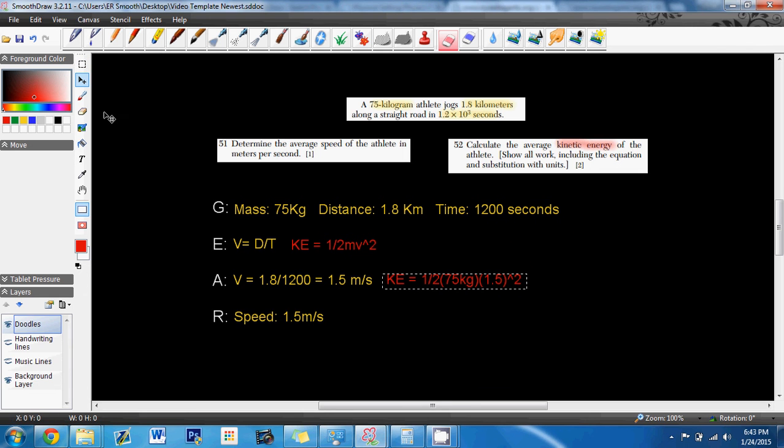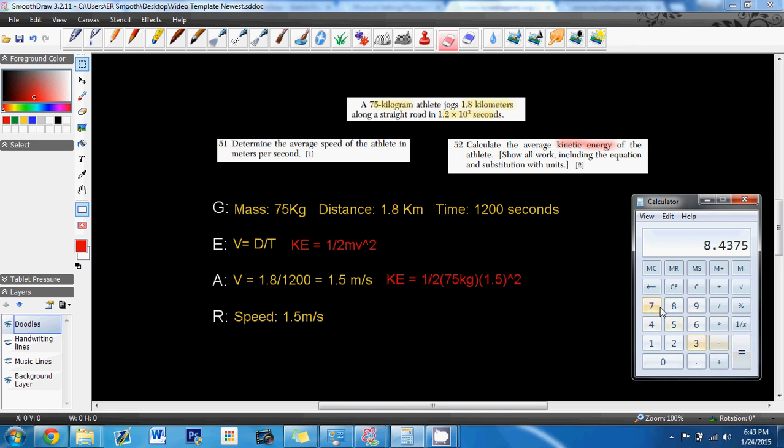Okay, so let's do the math. So 1.5 times 1.5 equals 2.25. That's the velocity squared, times the mass 75 equals 168.75 divided by 2, which is half, we get 84.375.